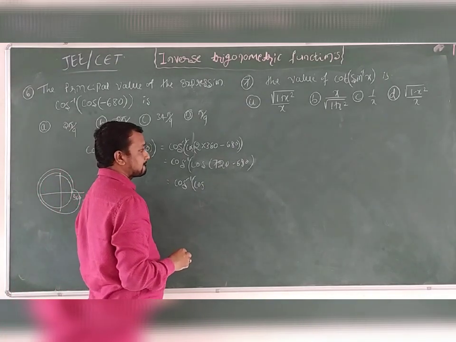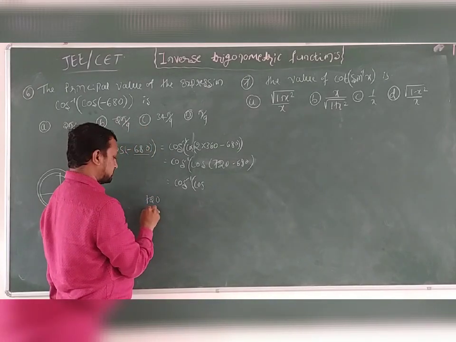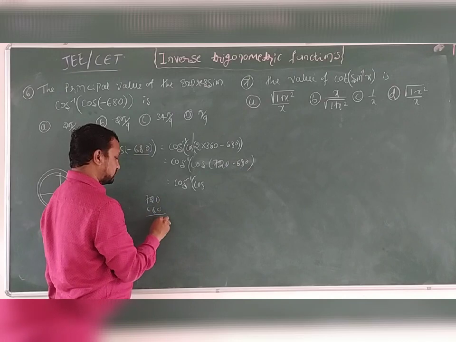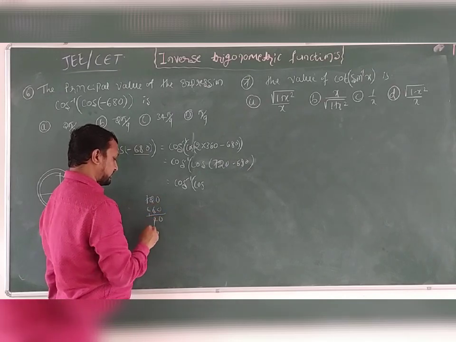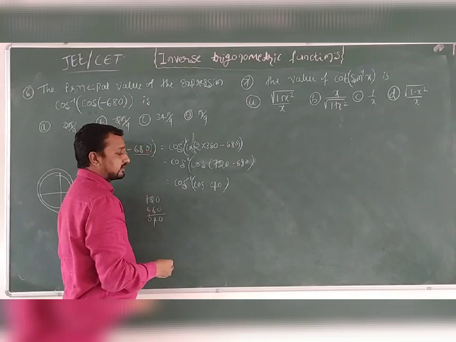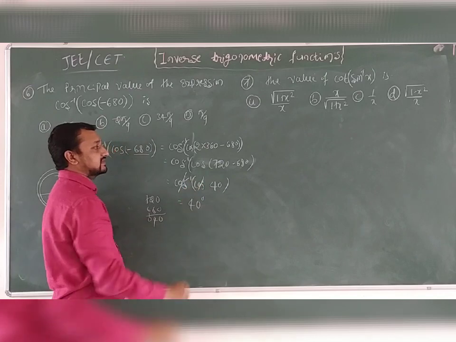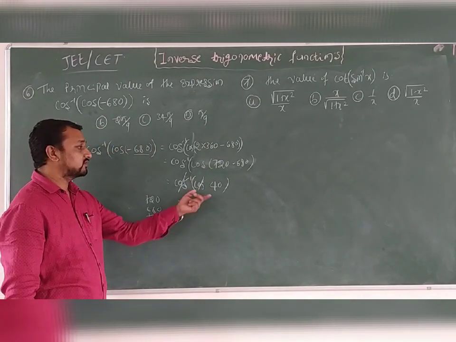What is that? 720 minus 680 is 40. So that is cos 40. Cos inverse and cos get cancelled. So 40 degrees is the answer.